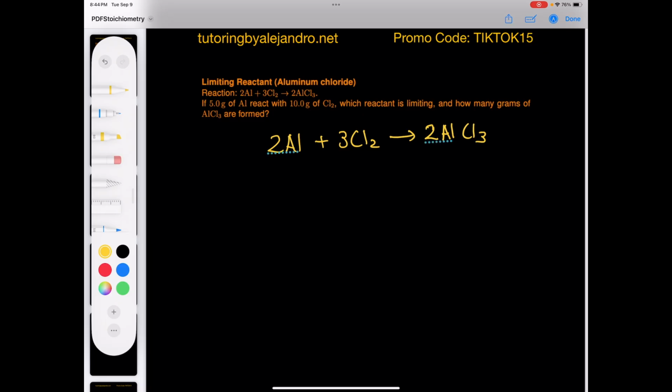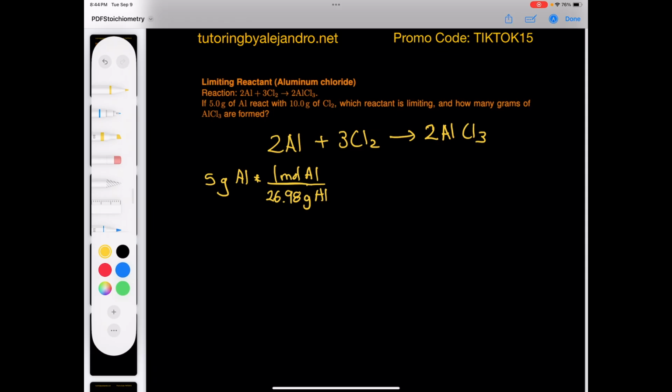Okay. So, let's find out what's the limiting reactant. Let's calculate the moles of Al and the moles of Cl2 based on the gram quantities. Okay, so moles of Al. So we have 5 grams of Al multiplied, right? We need to cancel out the grams. So each aluminum is 26.98 grams per mole of Al.